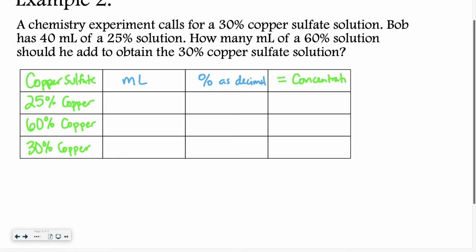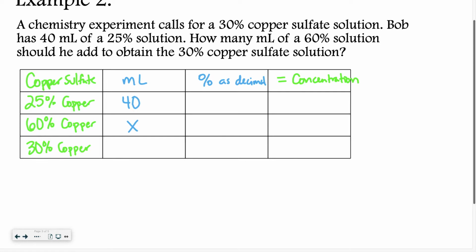So whatever they are left with. All right, so for the 25% copper sulfate solution, we know that Bob has 40 milliliters of that. And we want to know how many milliliters of a 60% solution is needed for making the 30% copper solution.